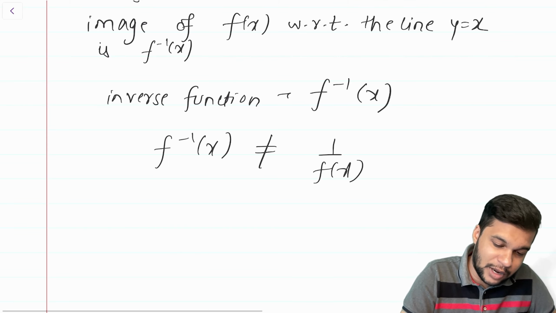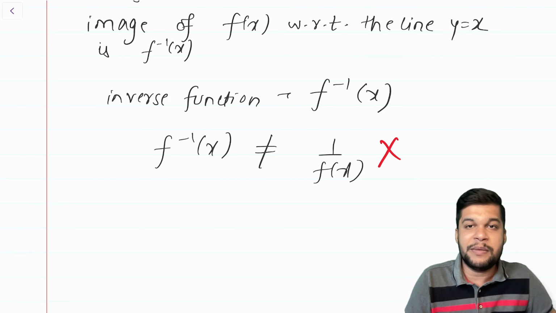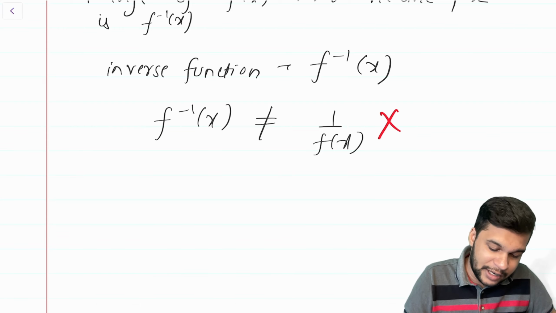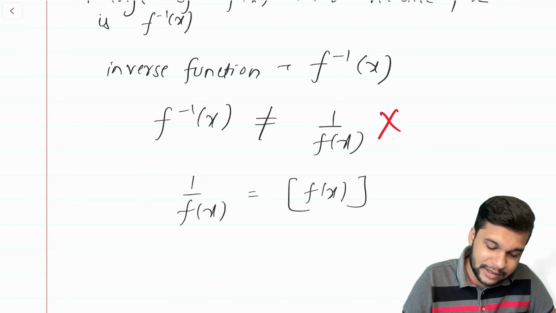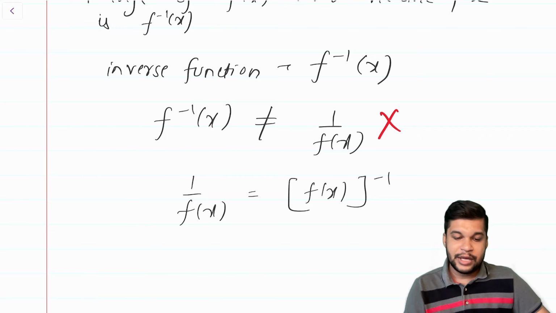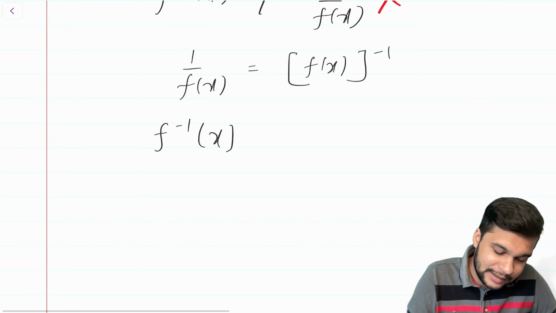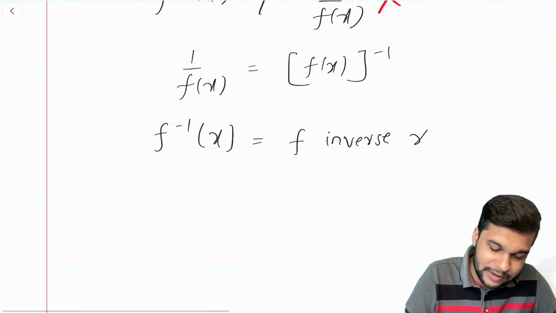This is a very common mistake which a lot of people make. If I have to write 1 upon f(x), I'll write it as f of x whole power minus 1. So always remember f power minus 1 x is f inverse x.